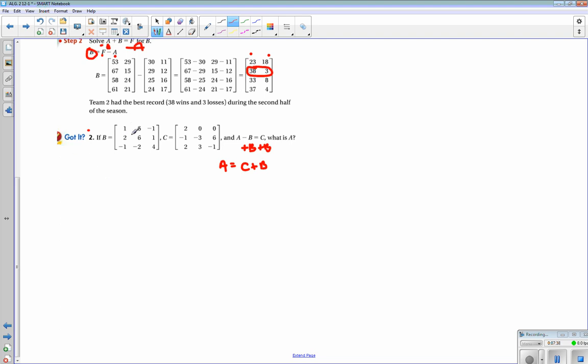So I'm going to take these guys and add them together. So our A is, make a big enough matrix, 1 plus 2, 6 plus 0, negative 1 plus 0, 2 plus negative 1, 6 plus negative 3, 1 plus 6, negative 1 plus 2, negative 2 plus 3, and 4 plus negative 1.